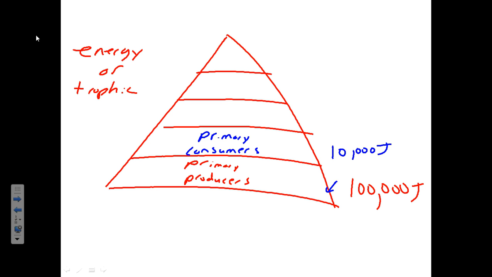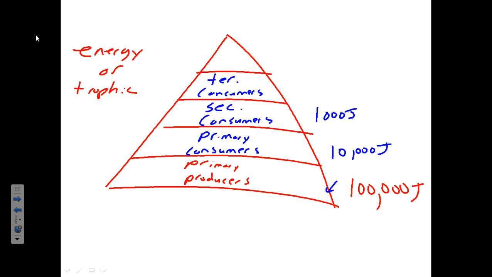What's the next level called? Secondary consumers. And how much of this 10,000 makes it up to there? 1/10, 10%. So about 1,000. And then what comes next? Tertiary. And about how much energy is available there?